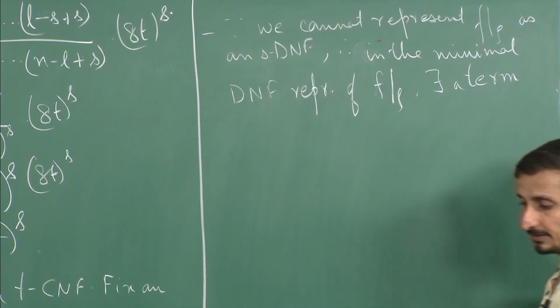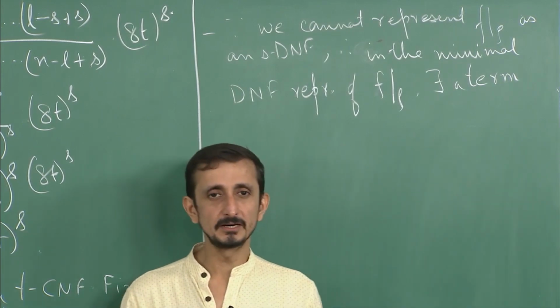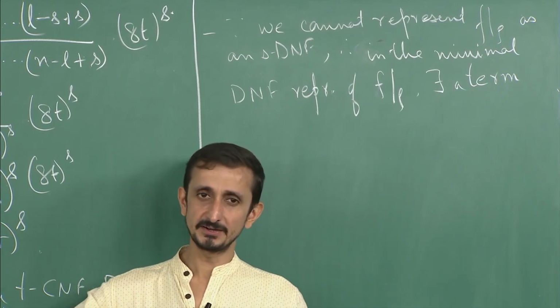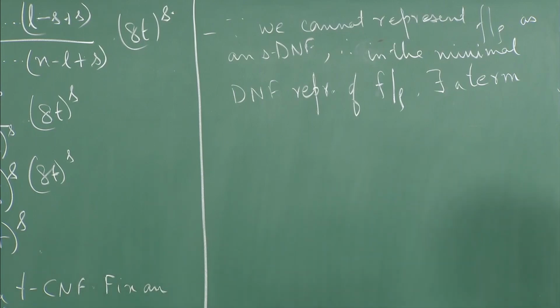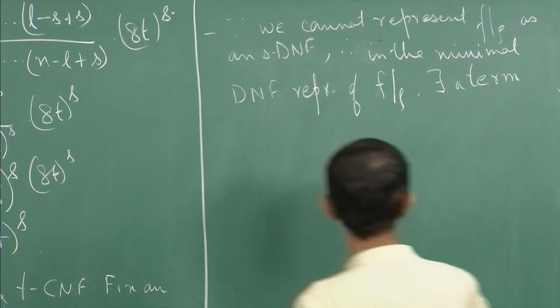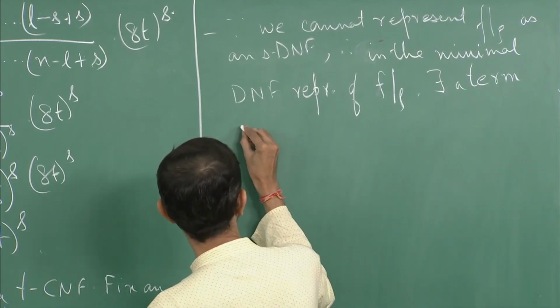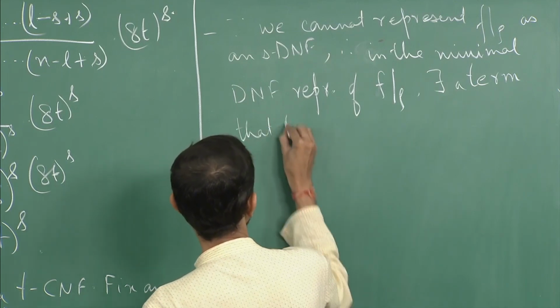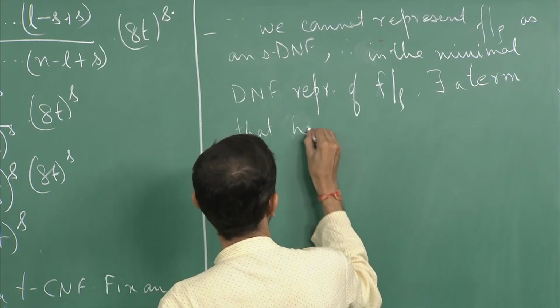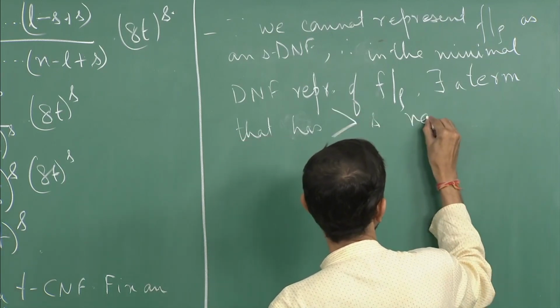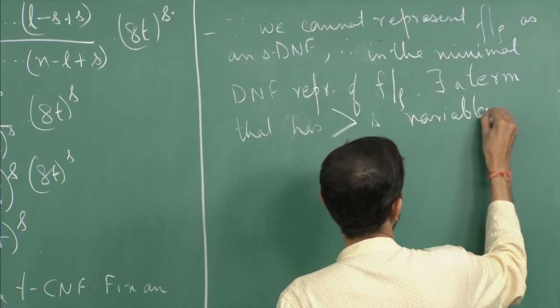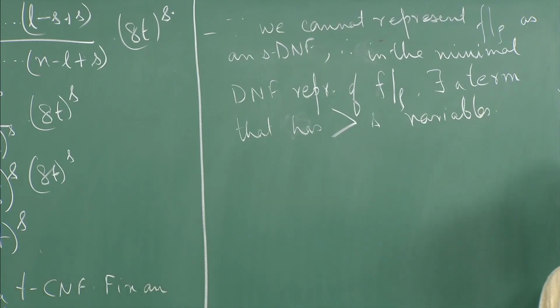If in the minimal DNF representation all the terms are bounded by S, then f restricted to rho does have a SDNF representation, but by our choice that is not the case. So, therefore, there is a term that has greater than S variables. Okay. There has to be a term.